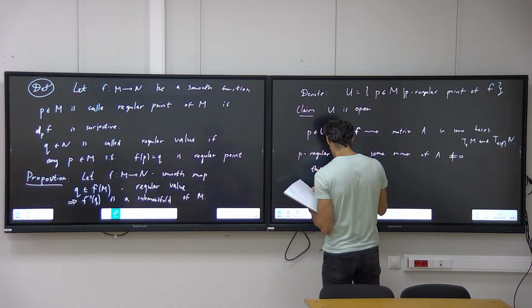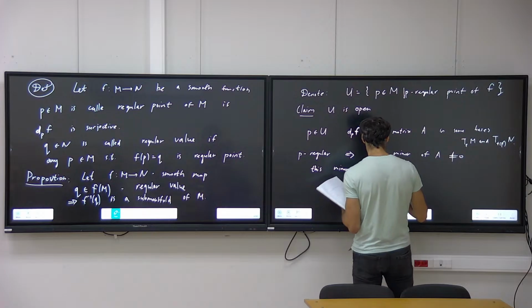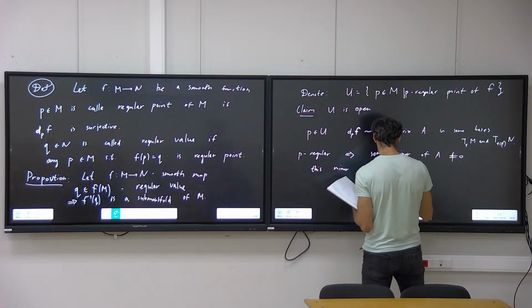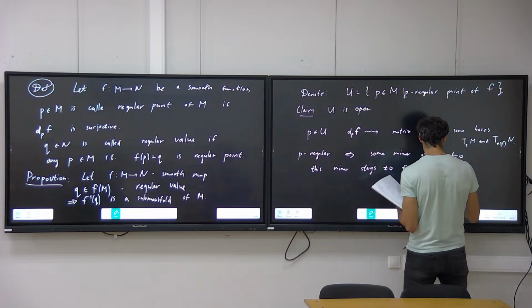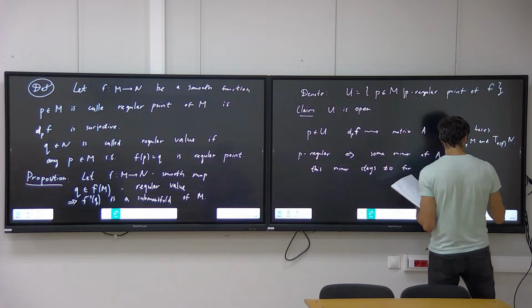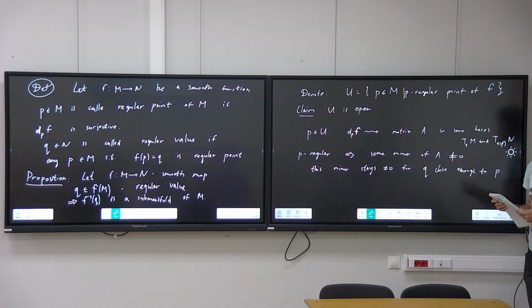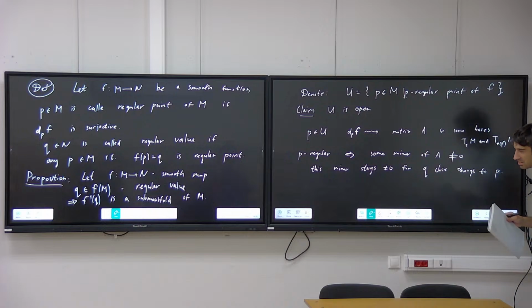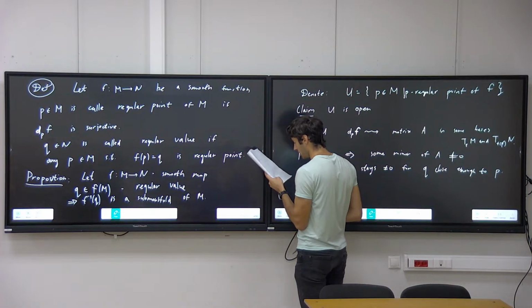So this minor stays non-zero for q close enough to p, and that's some hand-wavy proof of why U is open.